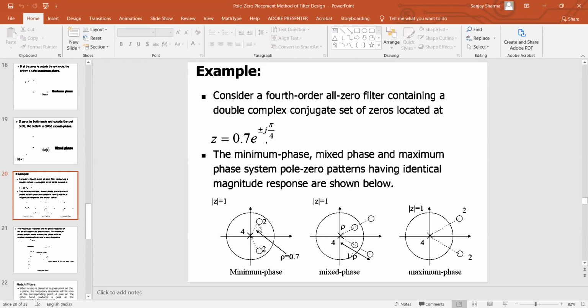Now if we take 1 zero from here, 1 zero from here outside, and if we reflect basically 1 zero here and 1 zero here, that means the distance of the zeros outside the unit circle becomes 1 over rho. So this will lead to a mixed phase system, correct? When we reflect all the zeros outside the unit circle, then this will be a maximum phase system.